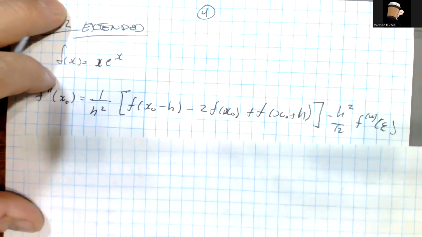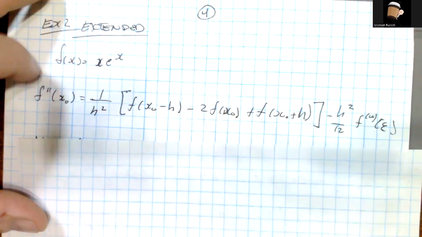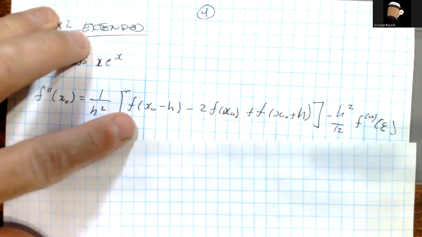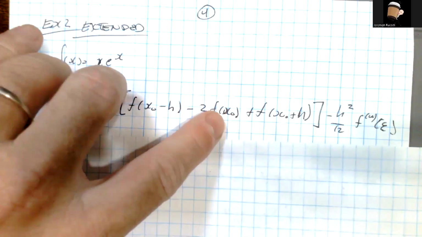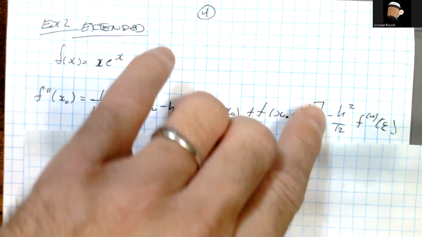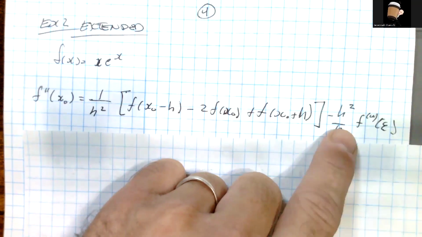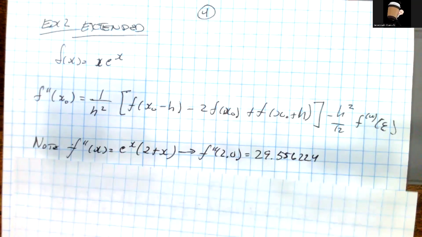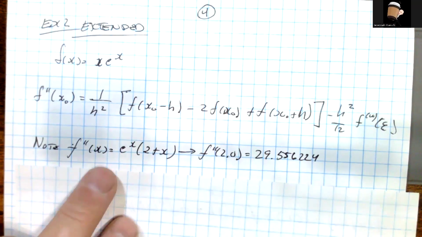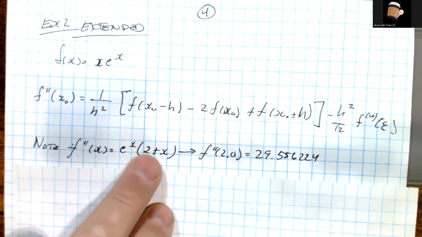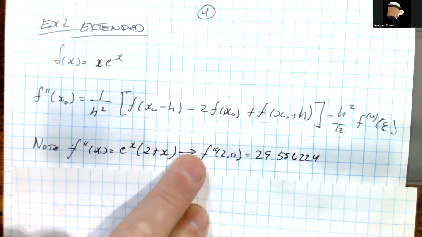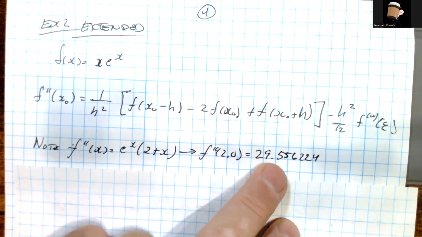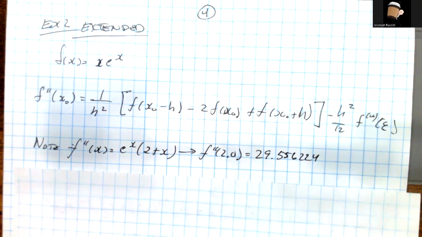So the second order derivative we saw was 1 over h squared times f of x naught minus h minus 2 f of x naught plus f of x naught plus h, and then we had h squared over 12 f to the fourth epsilon. Okay. So the second derivative of our function is e to the x times 2 plus x, which means that f double prime at 2 was equal to 29.556224. Okay.